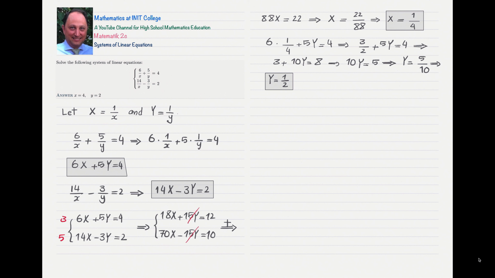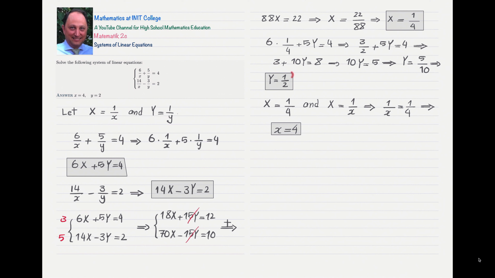So what I have to do, I would say that capital X is equal to 1 over 4, and we also know that capital X is 1 over x. So from these two I can conclude that 1 over x has to be equal to 1 over 4, and this is very trivial, that little x itself is equal to 4, and this is exactly the number that is provided here by the problem itself.